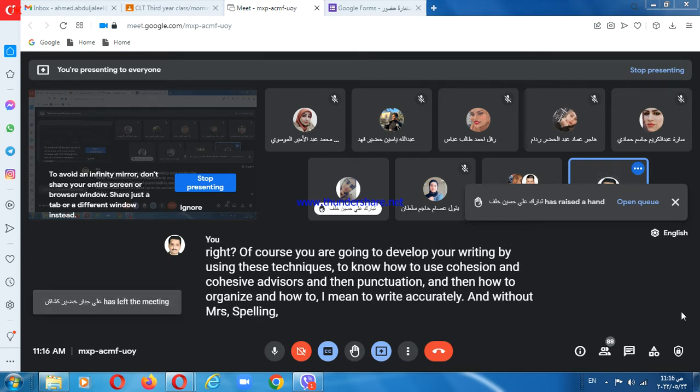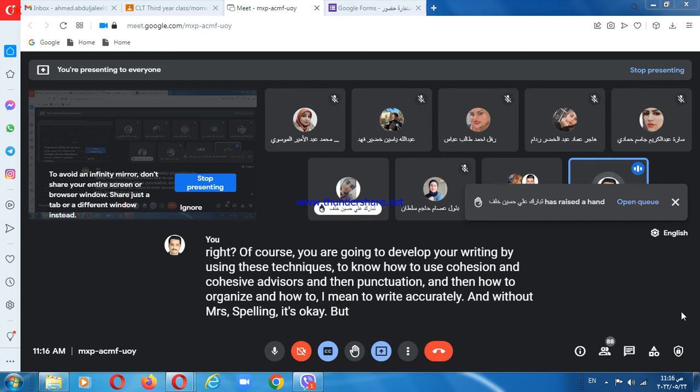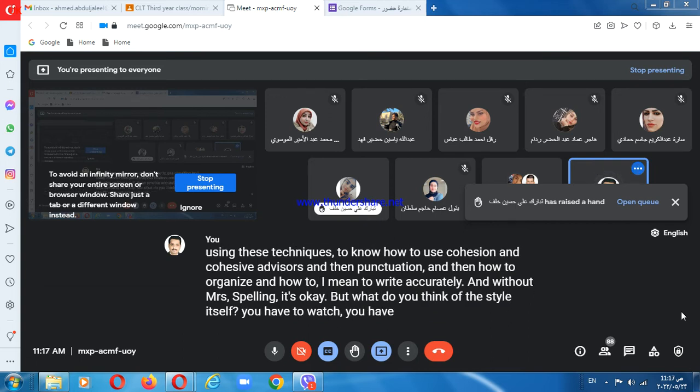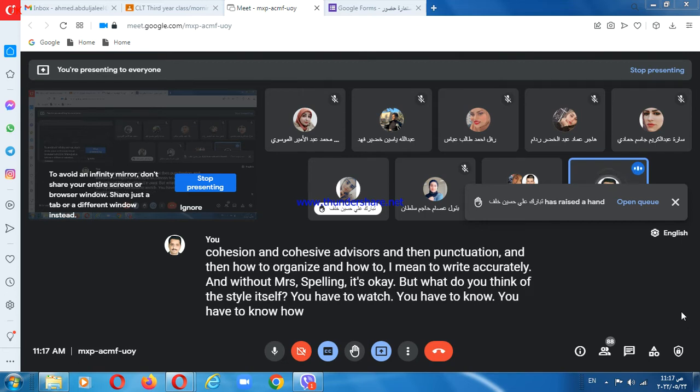It's okay, but what do you think of the style itself? You have to know how to develop your style by reading different resources.